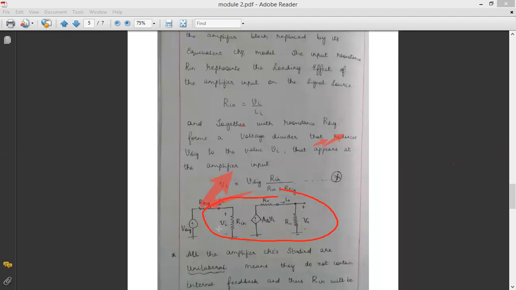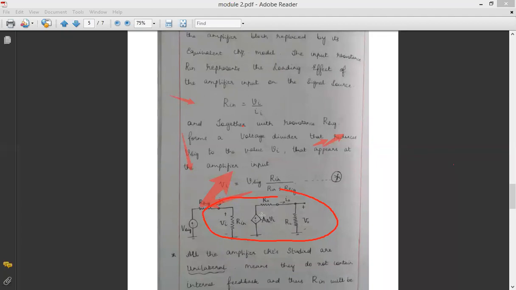Please write down. Please note this. GV is equal to overall gain is equal to output port gain into input port gain.